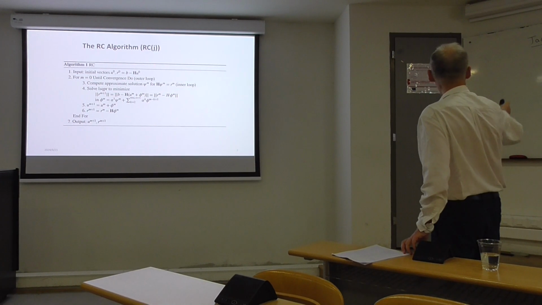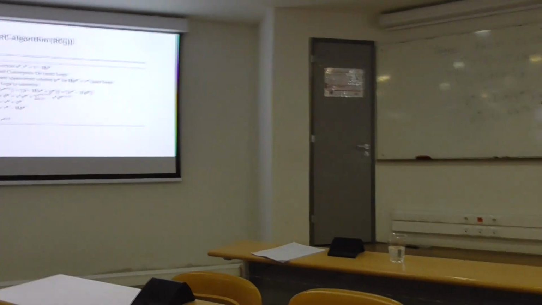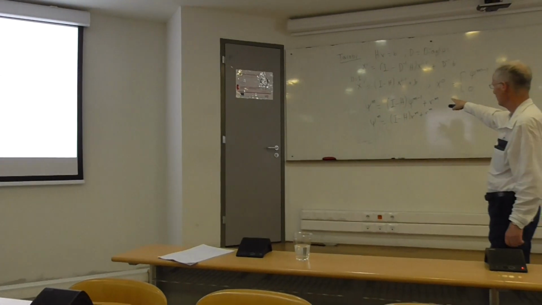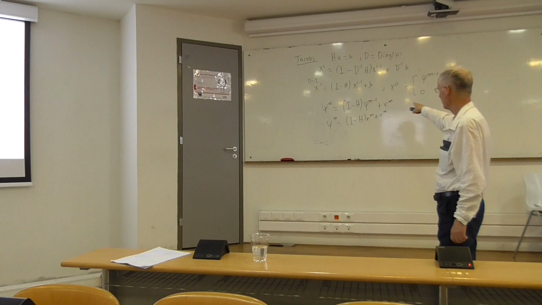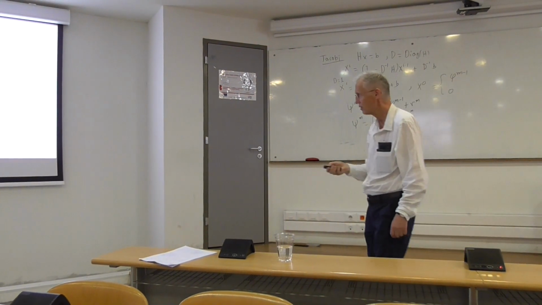Okay. Now I show you the Jacobi, and then I bring it to this linear system, okay? And you have this first one, Cm equals identity minus H, Pm minus 1 plus Rm, or you can have the second one.